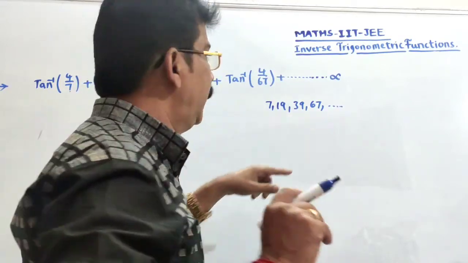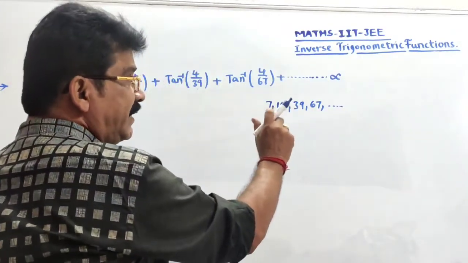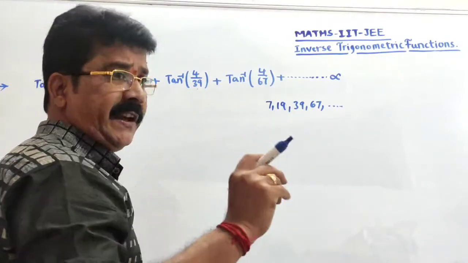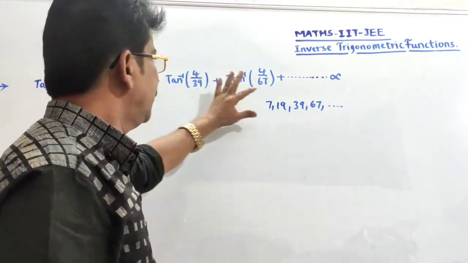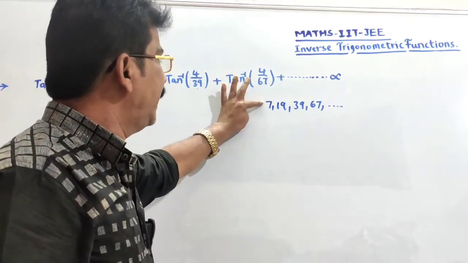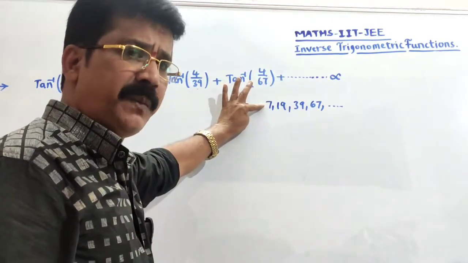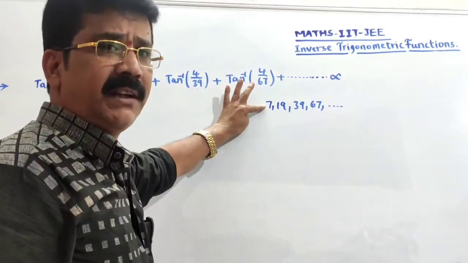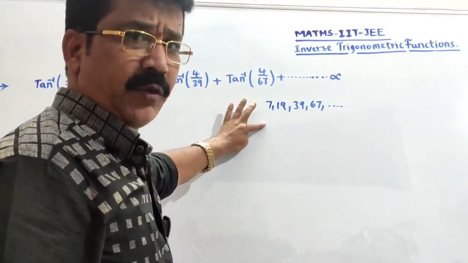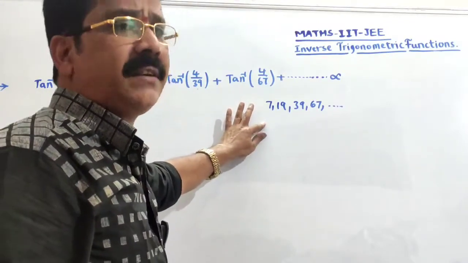Therefore, in such a case, we have to find the differences. Once again, take the denominators of all terms, verify whether it is AP or GP. If it is neither AP nor GP, then follow this method. Of course, it is the shortcut to find the nth term.